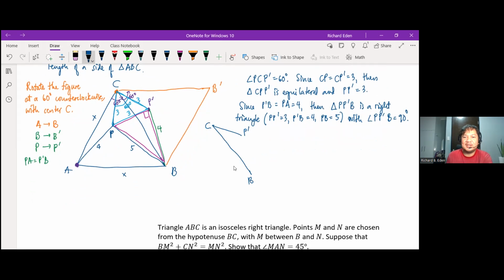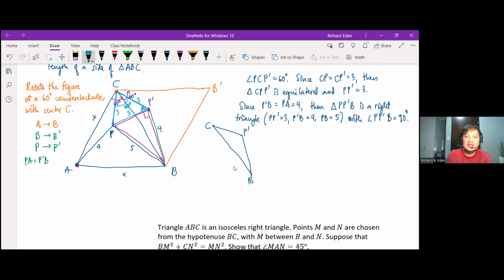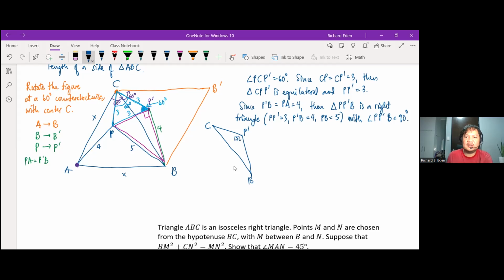So P prime and then B. Let's say you have here this angle. This must be 60 degrees. So that means here we have 150 degrees. And this is 3, and this is 4.